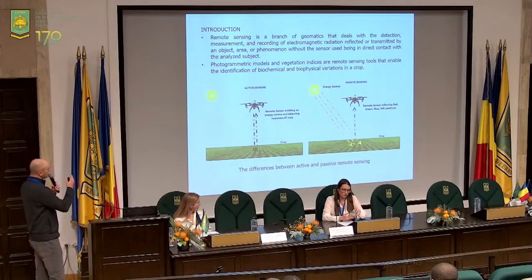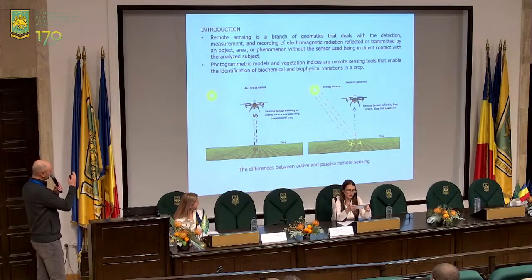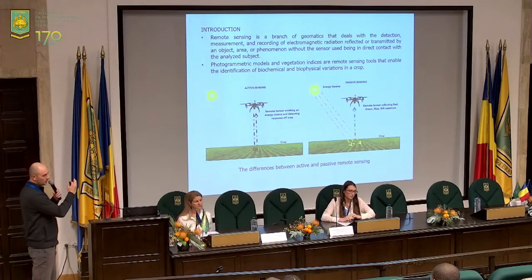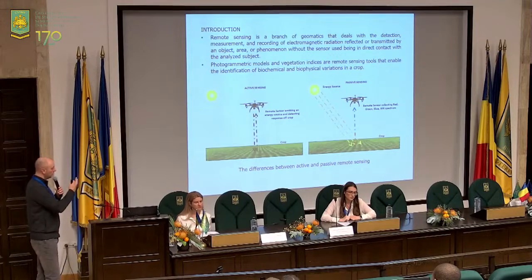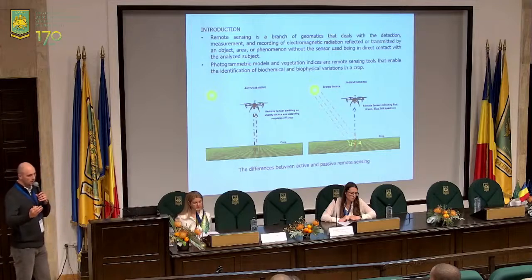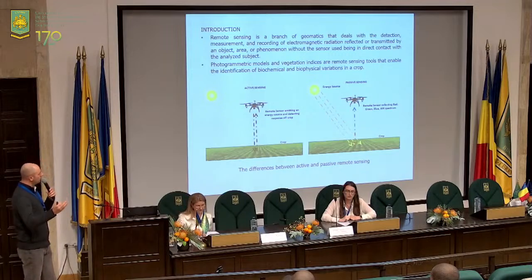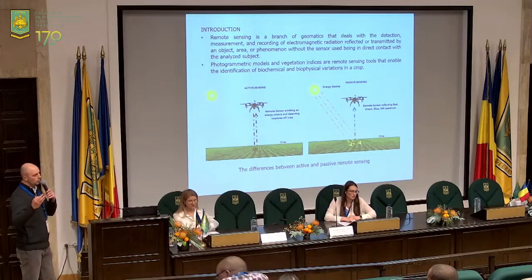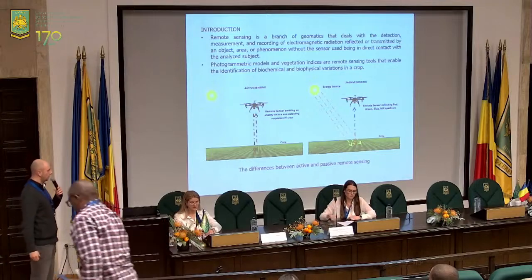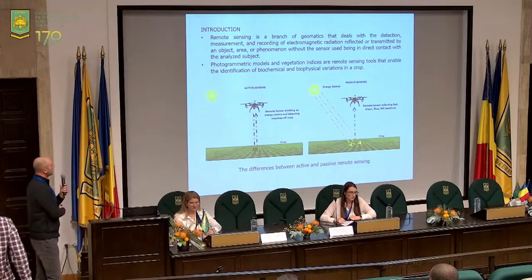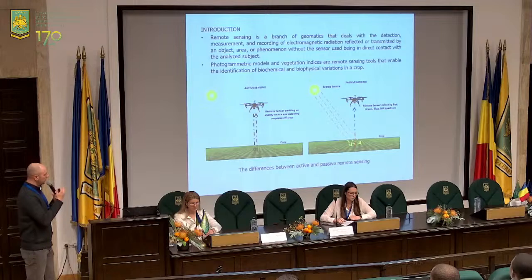We use two types of models to measure: photogrammetric models and vegetation indices. The photogrammetric model uses only the visible spectrum of the electromagnetic field, and the vegetation indices also use the infrared spectrum.